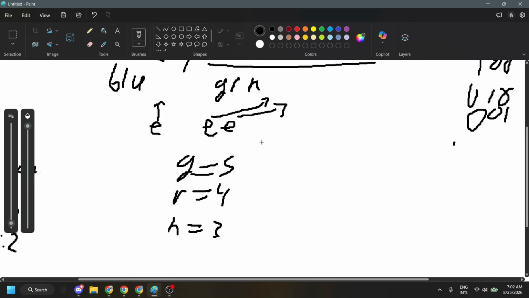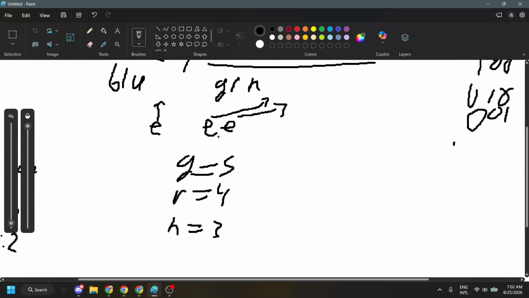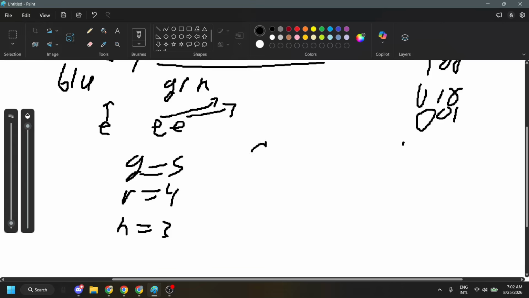Maybe I should split these up into two different groups. Okay, so I think we have different cases. Case 1, we have E blank blank blank blank blank blank blank.